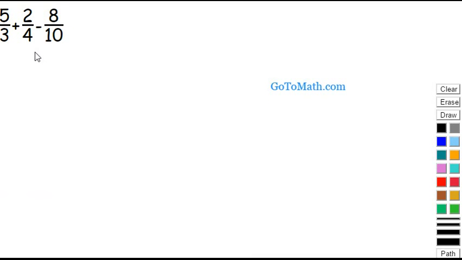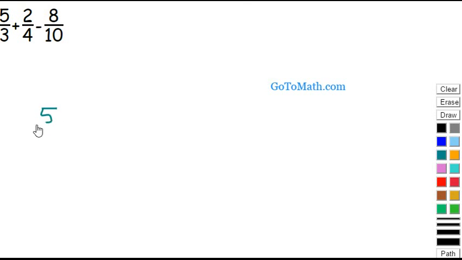Now, order of operations. Question is, does it matter? Could we subtract these two and then add this one? It shouldn't matter, right? We're just going to do this from left to right, where we add these together and then subtract off this one. Why not? But you know what? First thing we need to do is simplify this thing down as much as we can.